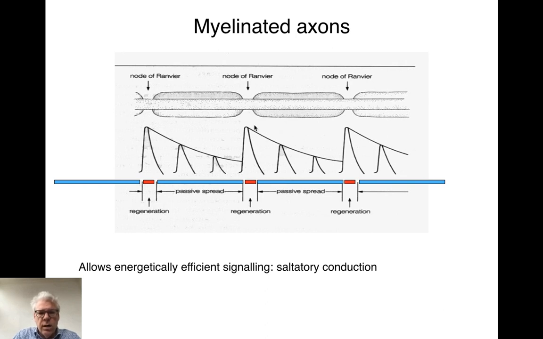So we have a new action potential here, and then there's passive conduction, an active process generating a new action potential, and again passive conduction. This is known as saltatory conduction, because if you looked from a distance, it is like the action potential jumps from node to node, which of course is not the case. It's generated here, and a little later, another new action potential is generated here.